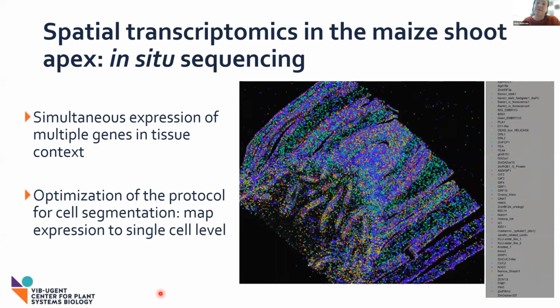And so we are now further investigating the link between knotted 1 and plastochron-1, because also about 10 years ago, PLA1 was identified as one of the putative knotted 1 targets. This has led us to a working hypothesis that we are further following up on.